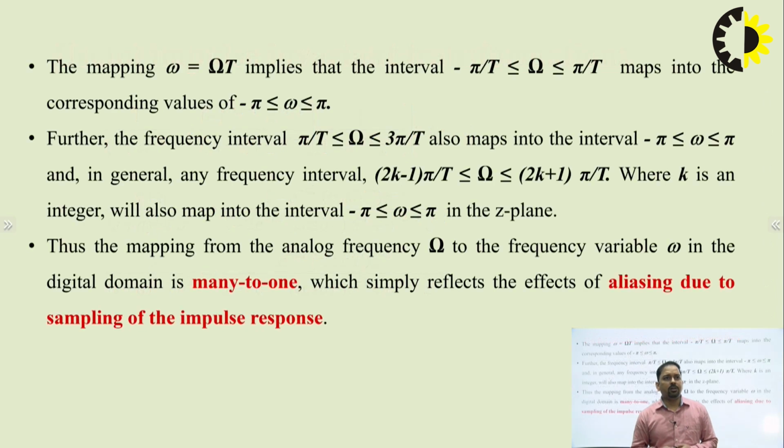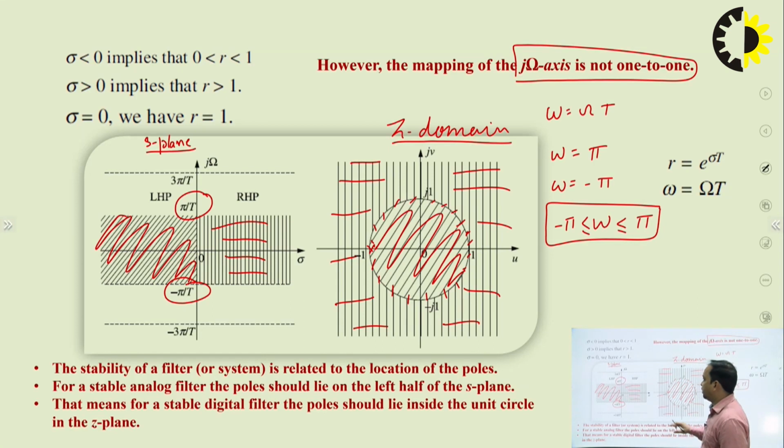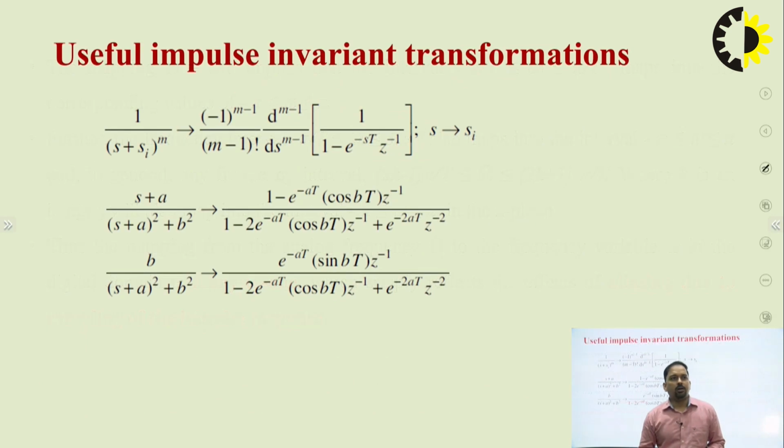For the low frequencies the mapping is quite clear, but higher frequencies are also mapped in the same range. So this technique is not suitable for designing a high pass filter or a band reject filter. Only for a low pass filter can this method be used.